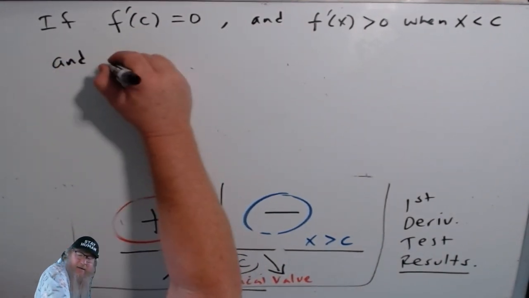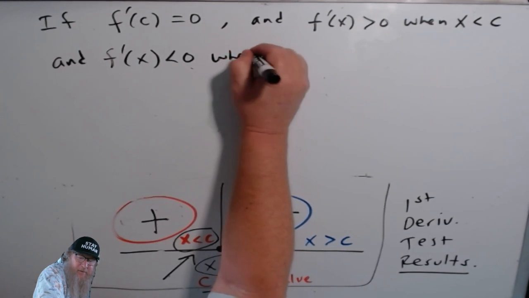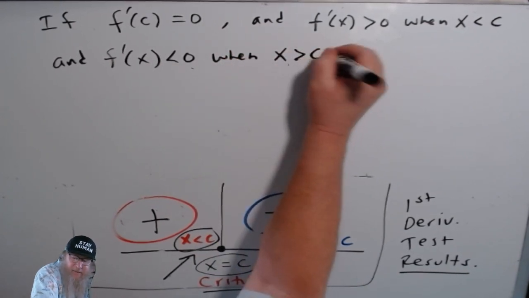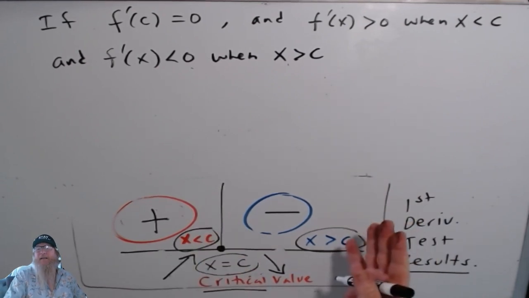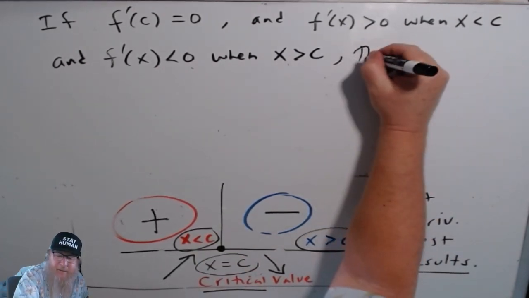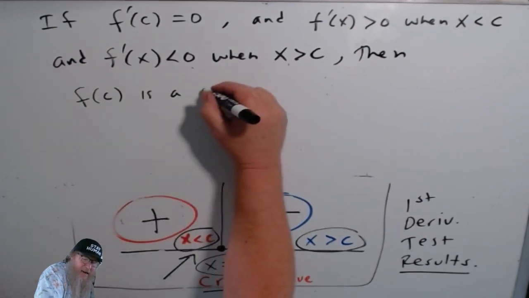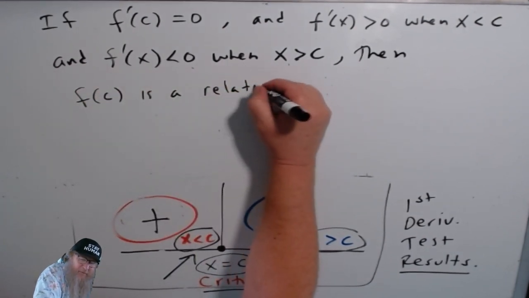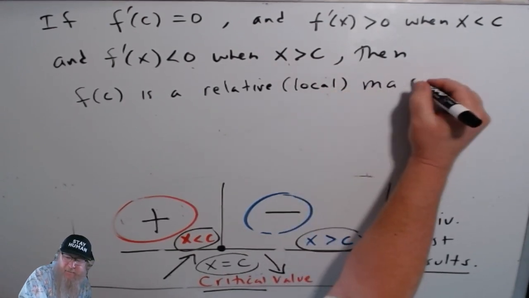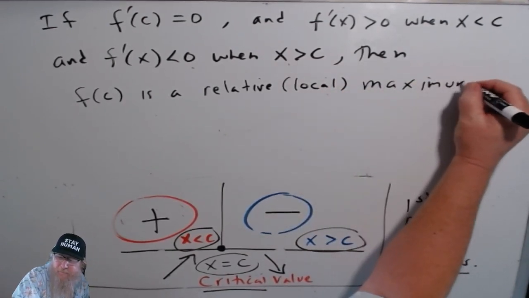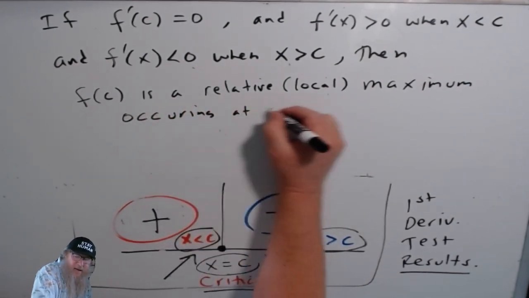And f prime of x is less than 0 when x is greater than c. That's this side. It's the right side. Then f of c is a relative, also known as local, maximum occurring at x equals c.